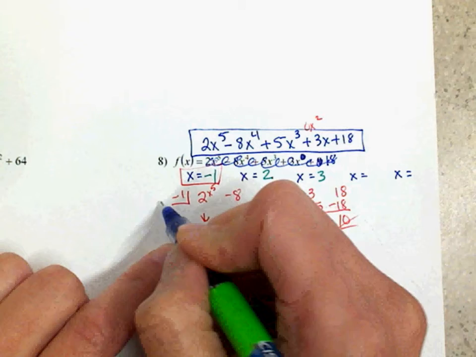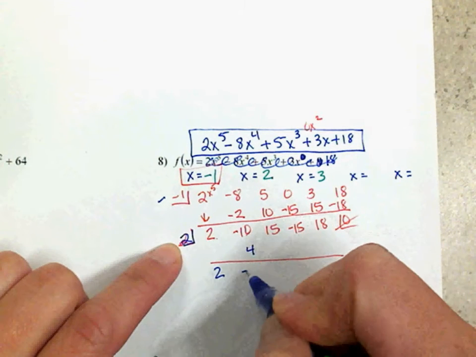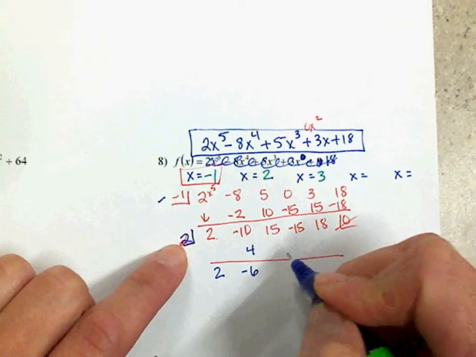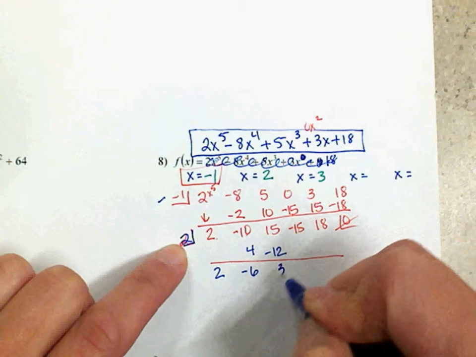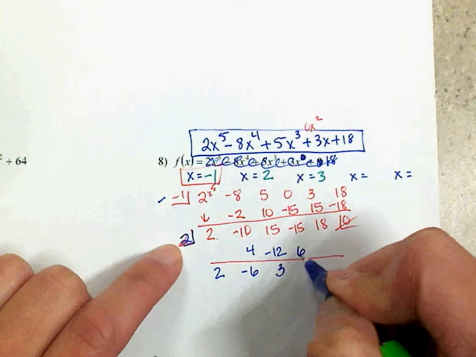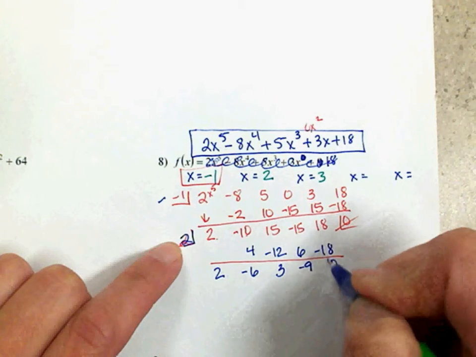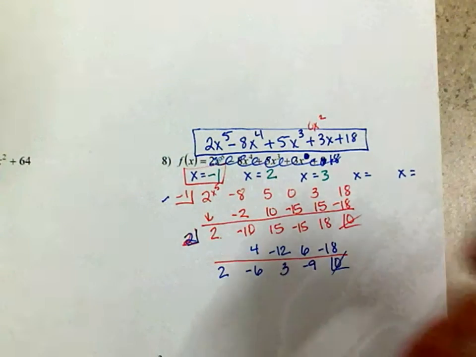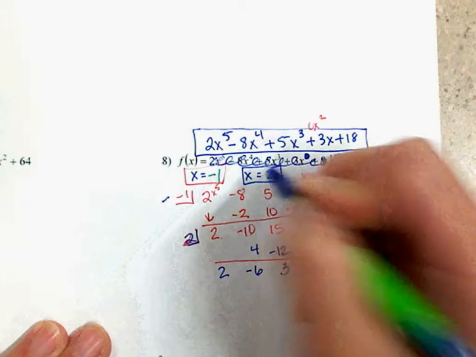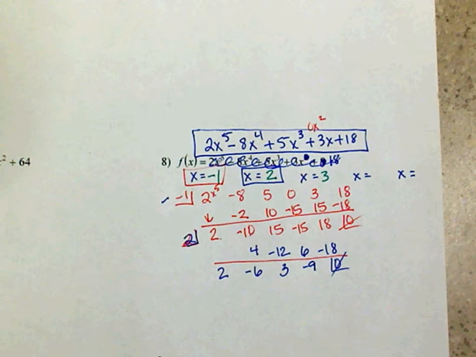Negative 6 times 2 is negative 12, add. 3 times 2 is 6, gives you negative 9. Negative 9 times 2 is negative 18, which gives you 0. So this one also works. Okay? So I've done synthetic division twice because it is a quintic. All right. Now let's see what we've got.